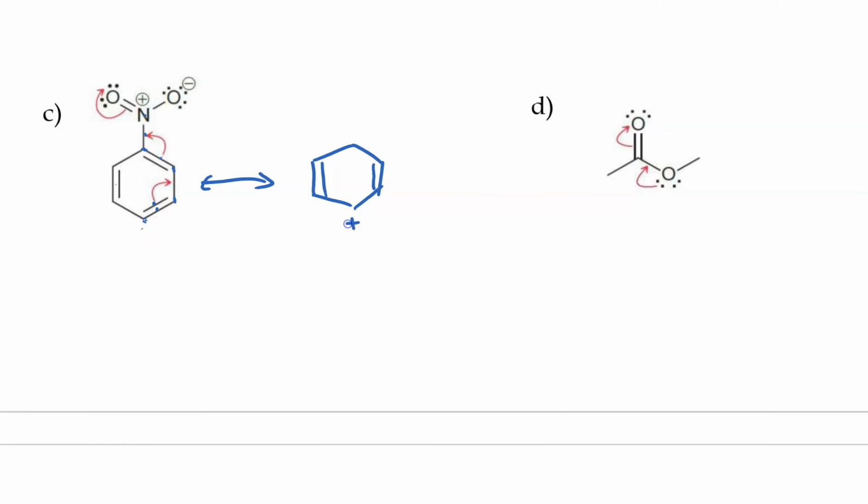So therefore, it will become positive. And that's what we would have. Now the positive charge on this is remaining the same, and this oxygen right here will then become negative.